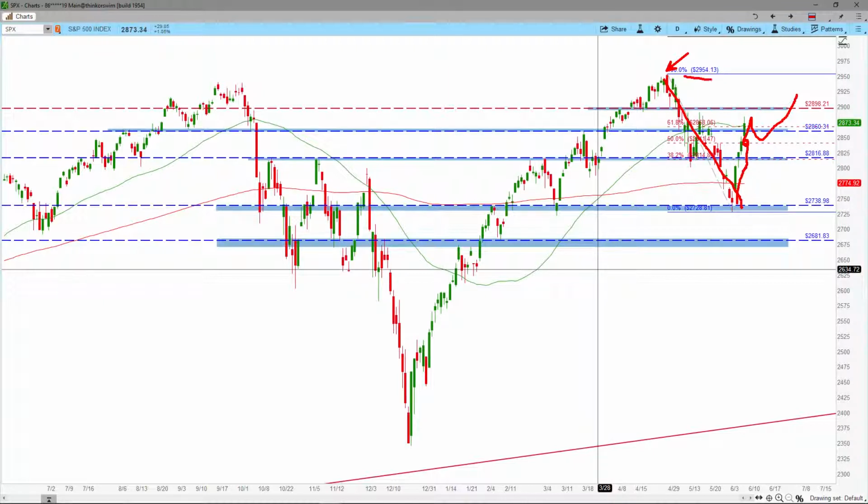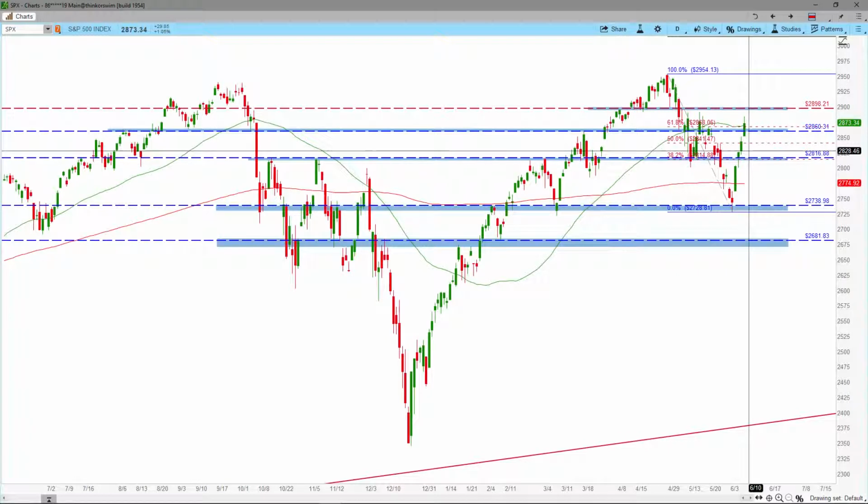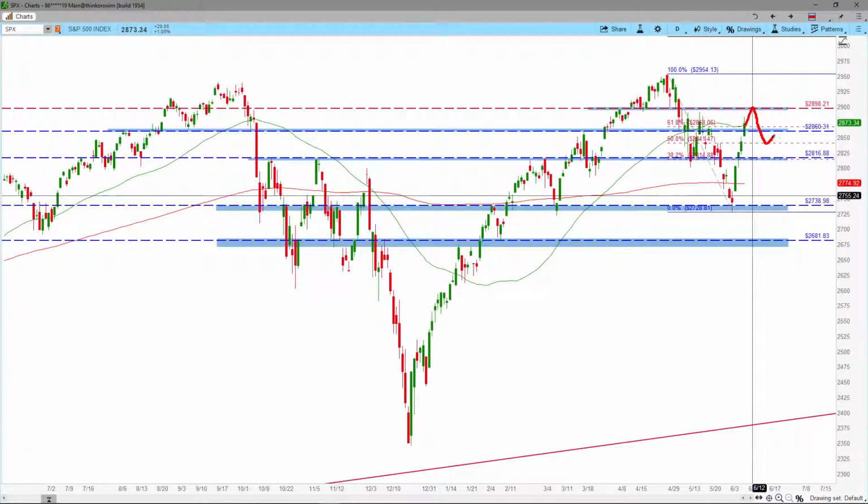So we're basically looking at 2954.13, which is the all-time high, as a possibility, right? Because if you look at this, even if it comes up to this 2898 resistance and then pulls back, and maybe comes back and pulls into this 50% retracement and then moves up, right? Then essentially we're looking at this possibility.